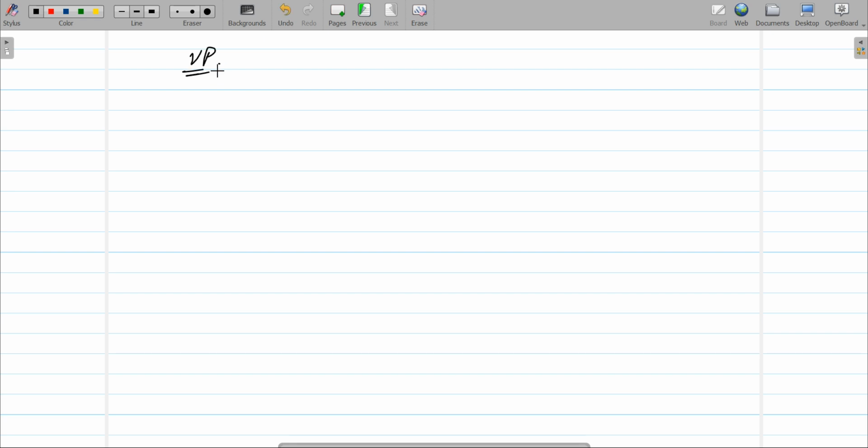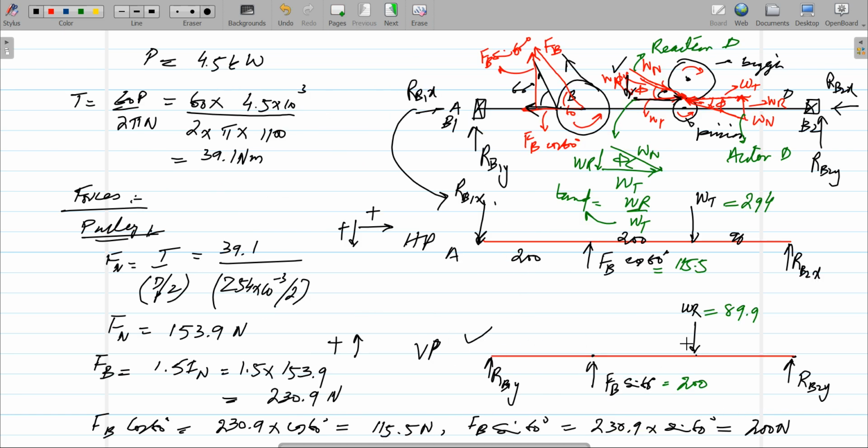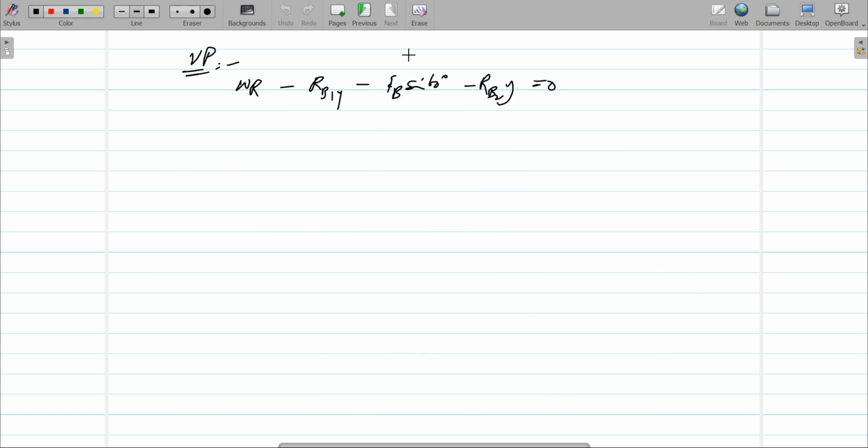For the vertical plane, we have to adopt the same concept. So just write here WR minus RB1Y minus FB sine 60 degree minus RB2Y equals to 0. So look at the diagram. In this vertical plane, we have one force in the downward direction and three in the upward direction. So the downward direction is taken as positive and the rest are taken as negative.